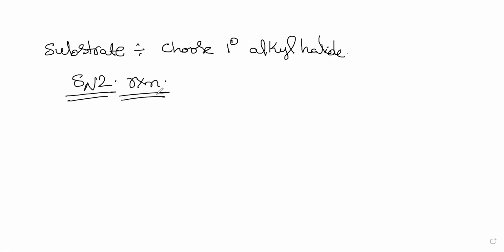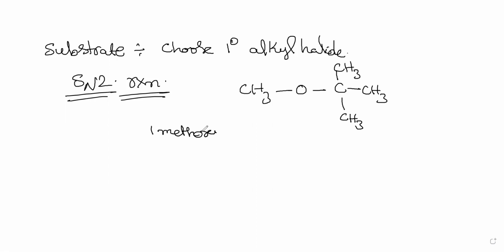So here, let me consider. I want to make methoxy, suppose CH3O. This one I want to make. So how do we name this? 1-methoxy, no, I should say this is the chain.